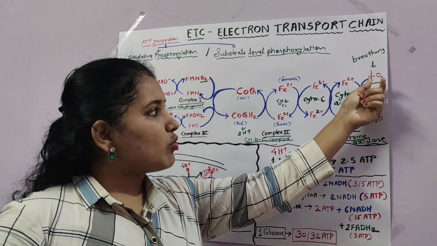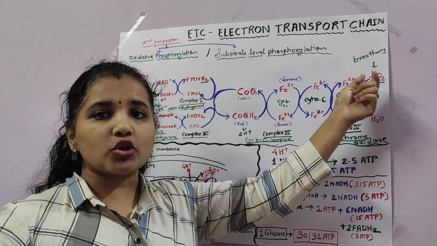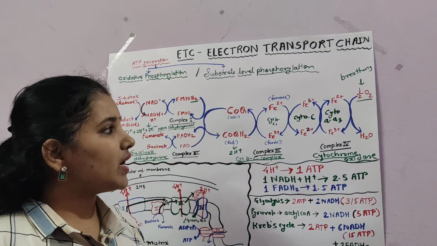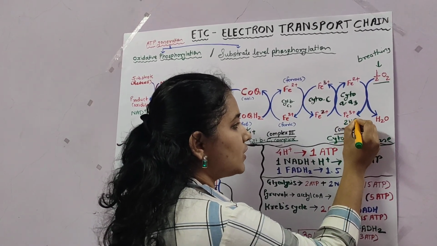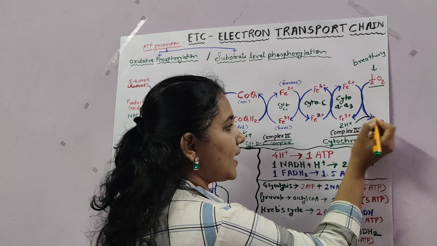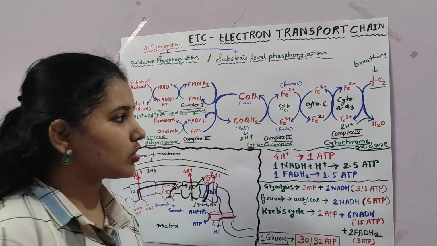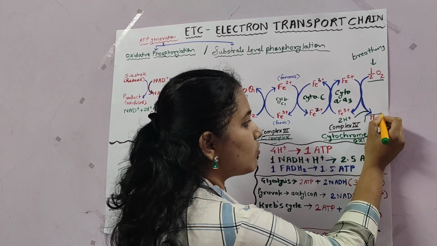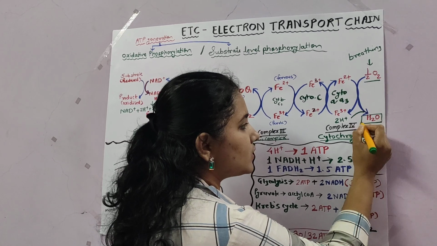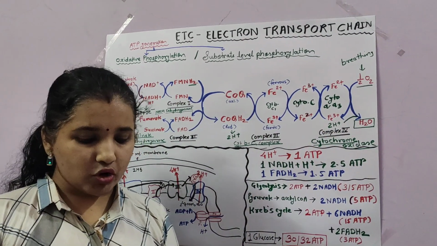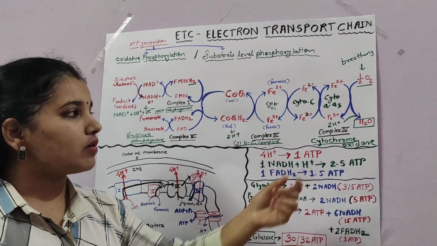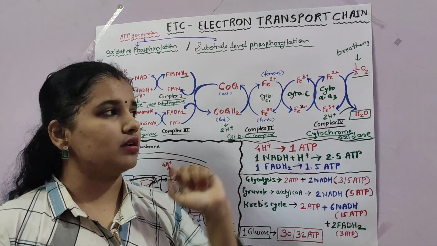The atmospheric oxygen accepts 2 electrons as well as 2 H plus ions from the matrix, and hence it forms one molecule of water, H2O. This is the metabolic water. Metabolic water means this is the water formed inside the cell.